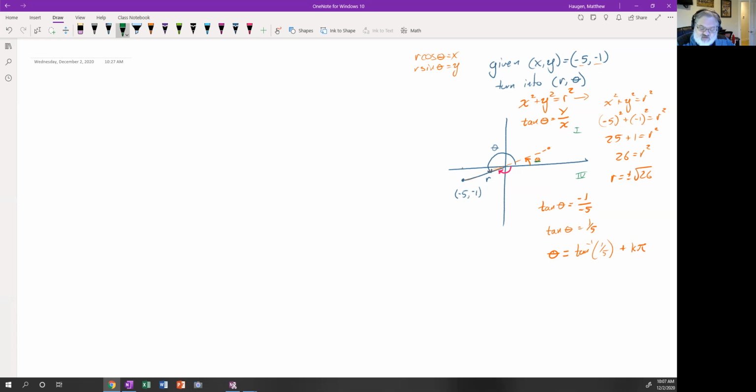So whatever the tan inverse of 1/5 is, it is going to be this little quadrant 1 angle. So if we wanted to use that tan inverse of 1/5, because we don't like remembering that there are other answers, we need to remember that there are other answers. But if we didn't want to use those, that's fine.